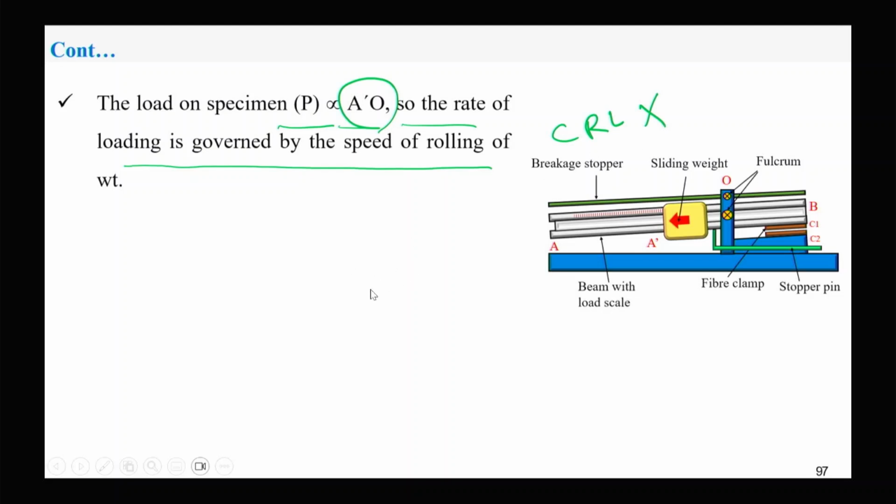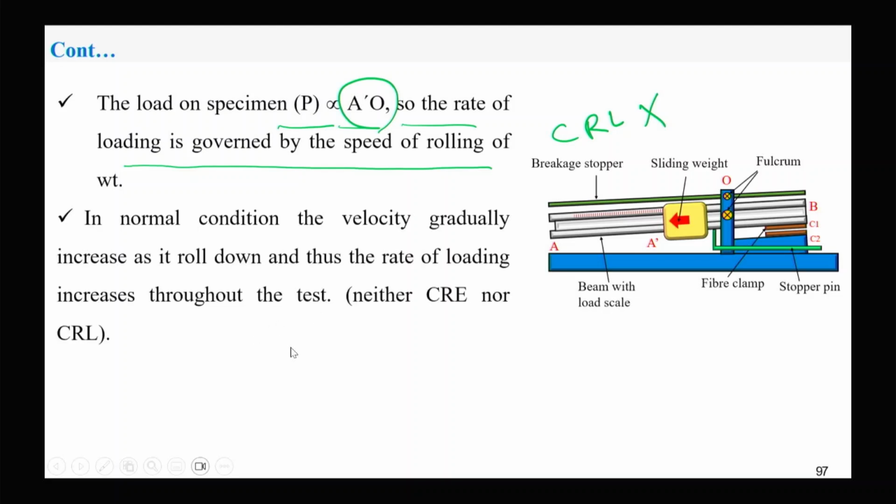But whereas in case of the Stelometer, the deflection rate we can control. So that's why this instrument doesn't follow CRE, nor CRL. So CRE definitely is not there because the sliding rate is changing.